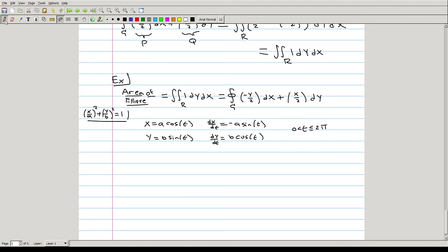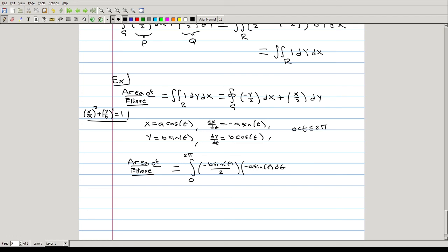And so now when we go through and try to evaluate this line integral from this formula, what we'll get is this area, the area of the ellipse, is going to be equal to the line integral from 0 to 2 pi of negative y over 2 dx, which is negative a sine of t dt.